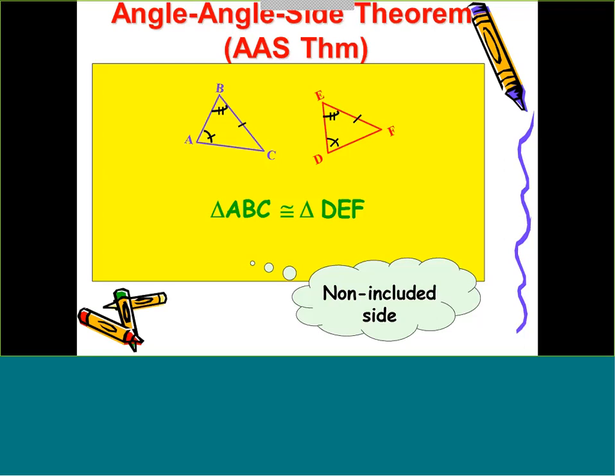Both of those are non-included. So angle, angle, side. Now because I have angle, angle, side on the first triangle, I have to have angle, angle, side on the second triangle in order to be able to state for a fact that these two triangles are congruent to each other. So triangle ABC is congruent to triangle DEF.